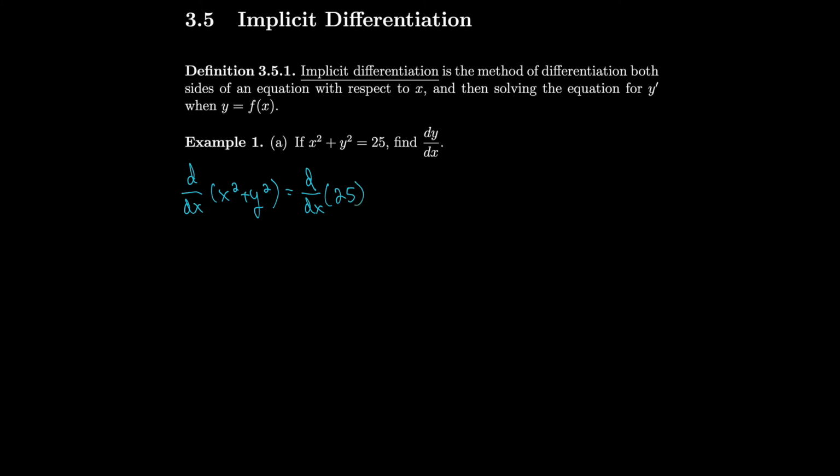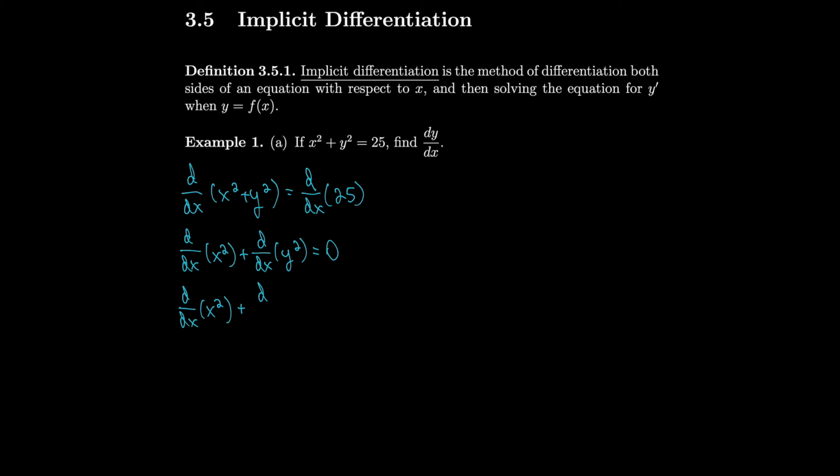So that means that this is the derivative of x squared plus the derivative of y squared, and then the derivative of 25 is just 0. So then the derivative of x squared, the derivative of y squared.